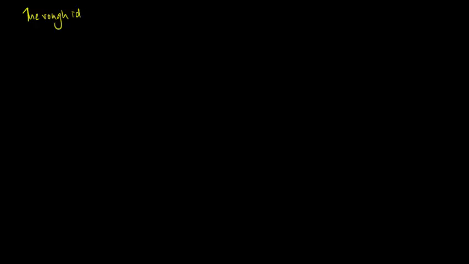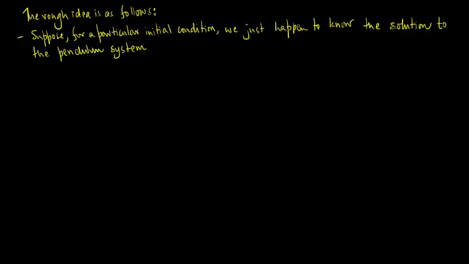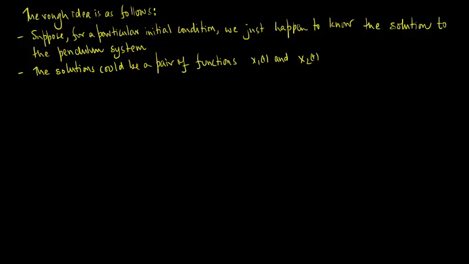The rough idea is as follows. Now suppose that for a particular initial condition, we just happen to know the solution to the pendulum system. The solution could be a pair of functions x1, x2, representing the position and the velocity of the pendulum.